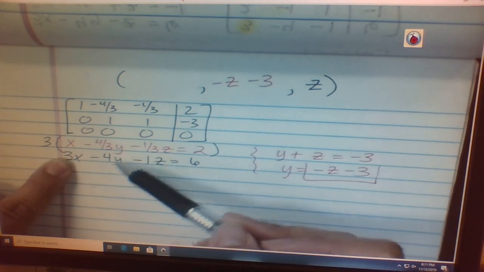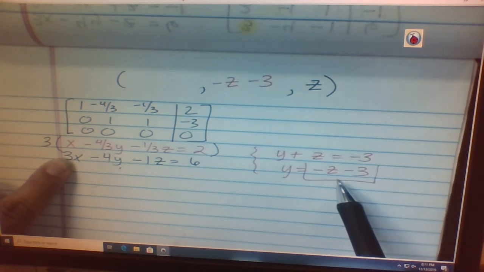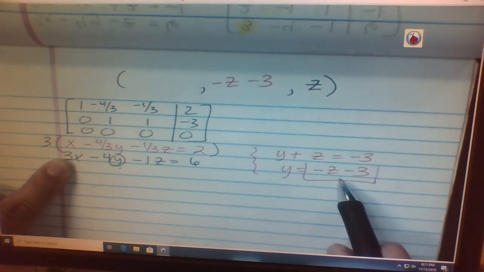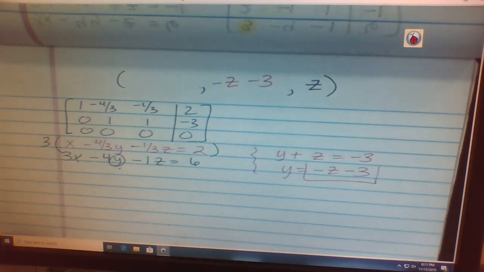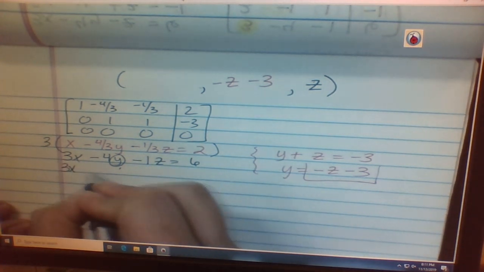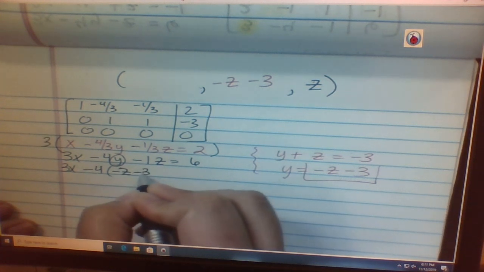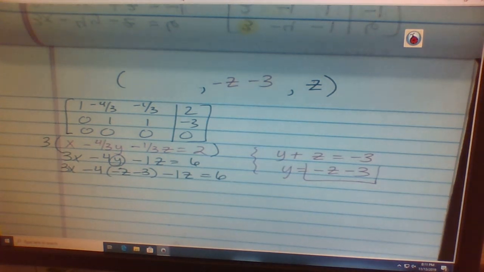So this y is a problem, but we know what y is. Very good. So I can substitute negative z minus 3 into the y. So I get 3x minus 4 times (negative z minus 3) minus 1z equals 6. Let me repeat it again: I need to solve for x in terms of z.